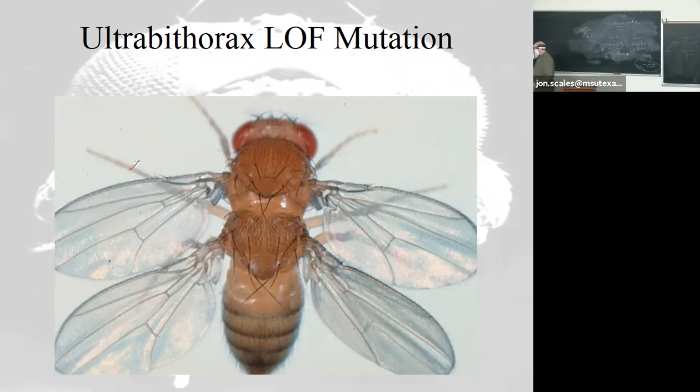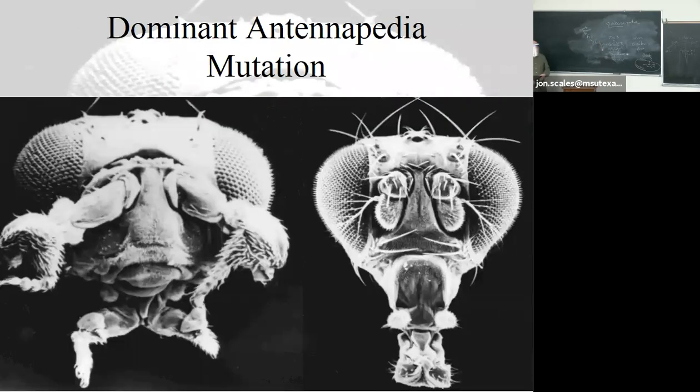Okay? In this mutation, Antennapedia is functioning fine as a protein. It's just functioning in the wrong place. In this mutation, Antennapedia is also functioning fine. It's simply functioning in the wrong place.